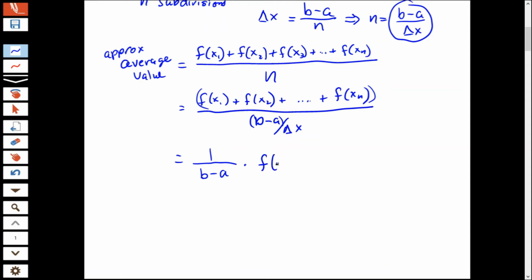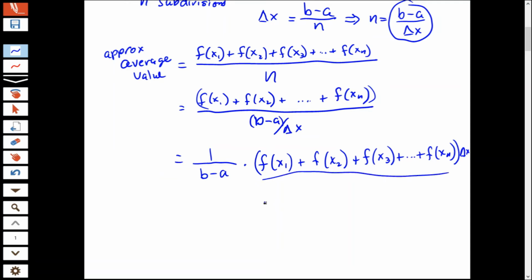So we get f of x sub 1 plus f of x sub 2 plus f of x sub 3 all the way up to x sub n, and this will be times delta x. But this here is a sum.